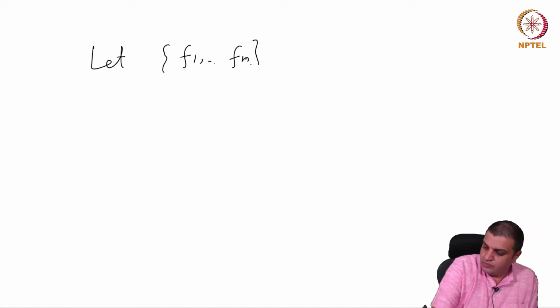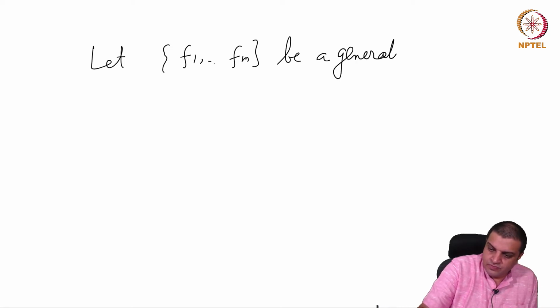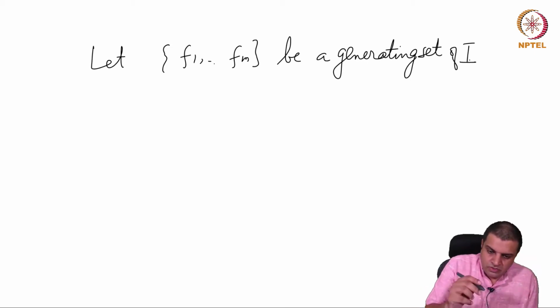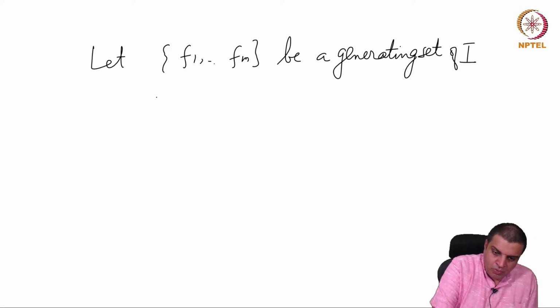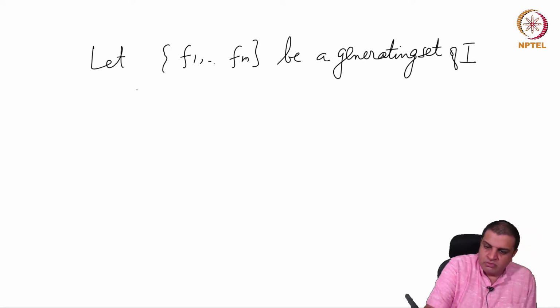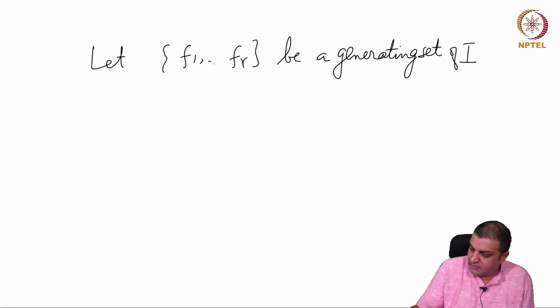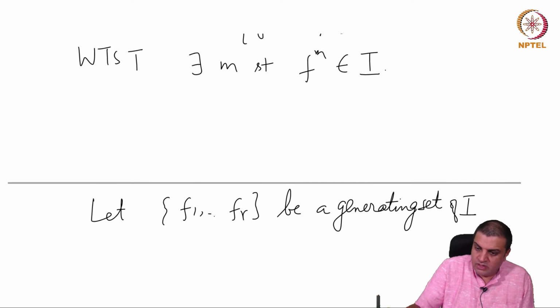Let f1 through fr be a generating set of I. So what we want to show is that f to the m is in this ideal, the ideal generated by these elements.